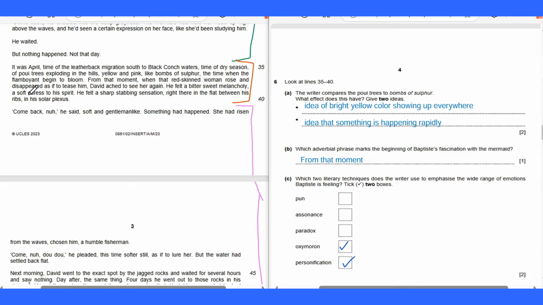A soft caress to his spirit. So a soft caress to his spirit. So we can get a conclusion that it's a personification.